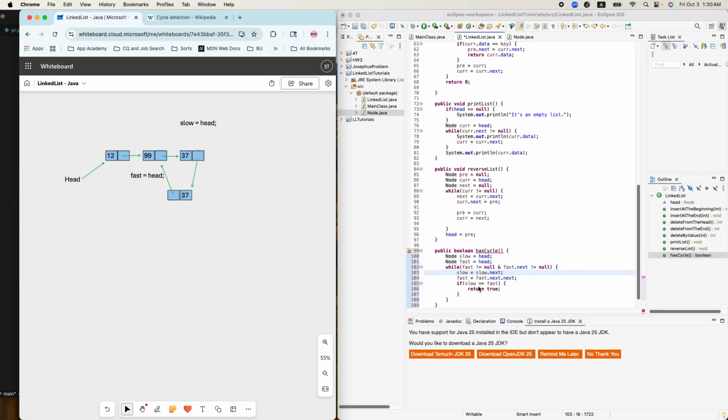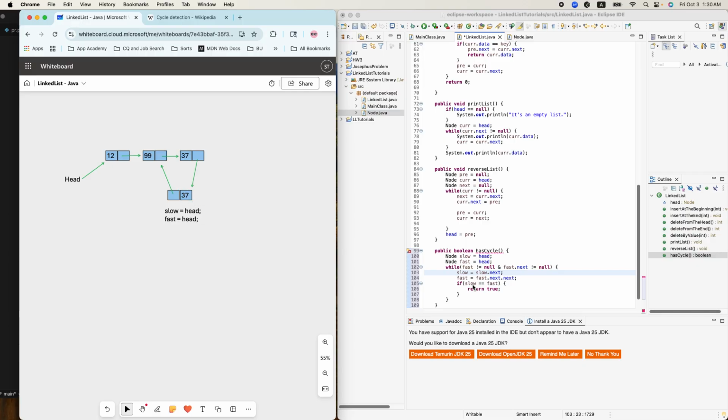So at this time when we check, again they are not pointing to the same node. So we continue checking. So this time slow comes to the slow.next, comes here, and fast comes to .next. Fast.next is here, .next is here. See, at this point both of them are pointing to the same node.